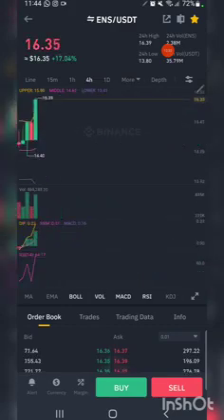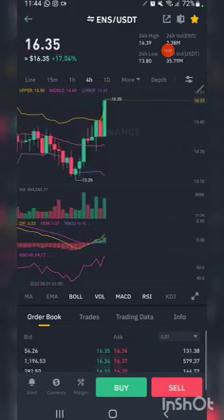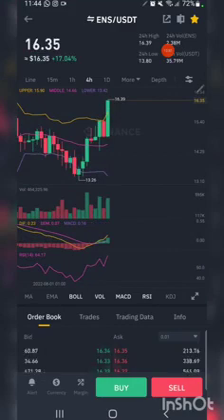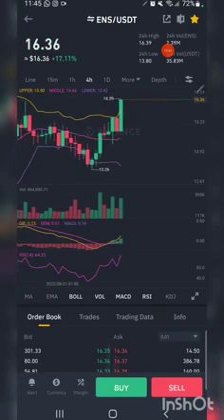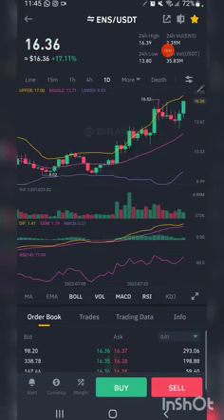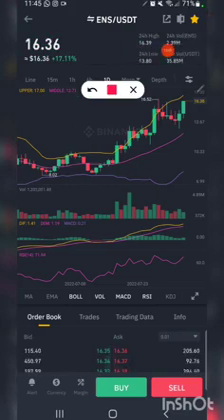Let's see what is happening currently. This coin is looking very bullish, but from what I can see here, like I said in this chart, the movement toward the end point is not really clear. It looks like it was declining and starts diverging again.